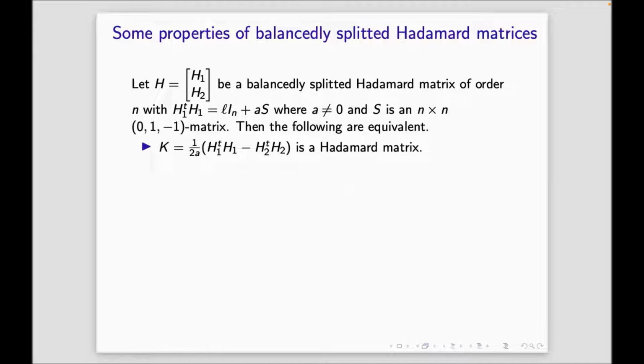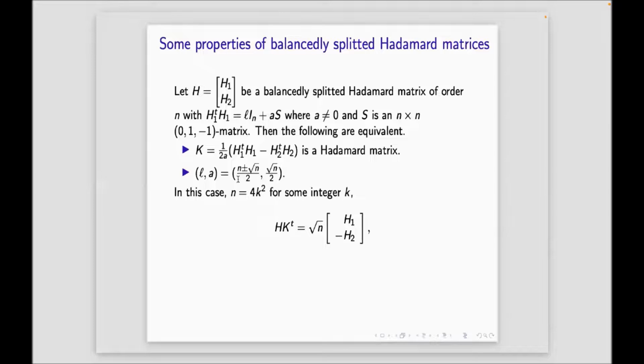If we take H1 transpose H1 minus H2 transpose H2, which is exactly what I did with the previous one, and divide by 1 over 2 times A, we get a Hadamard matrix, and this Hadamard matrix and the original Hadamard matrix have these parameters. So N must be a perfect square, and this matrix K with the matrix H are unbiased.